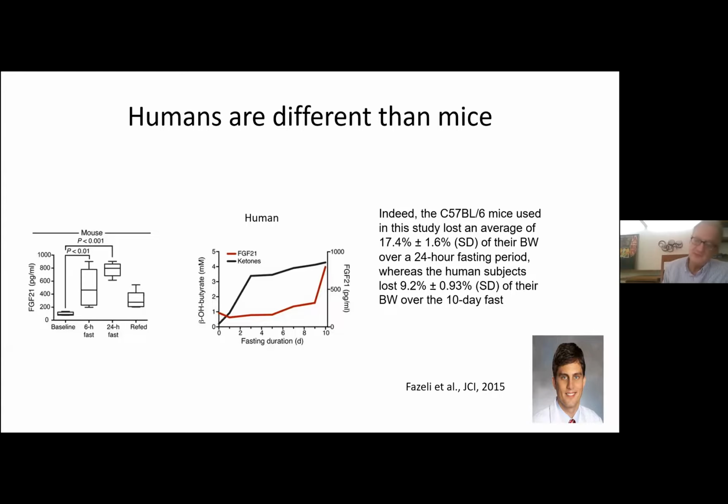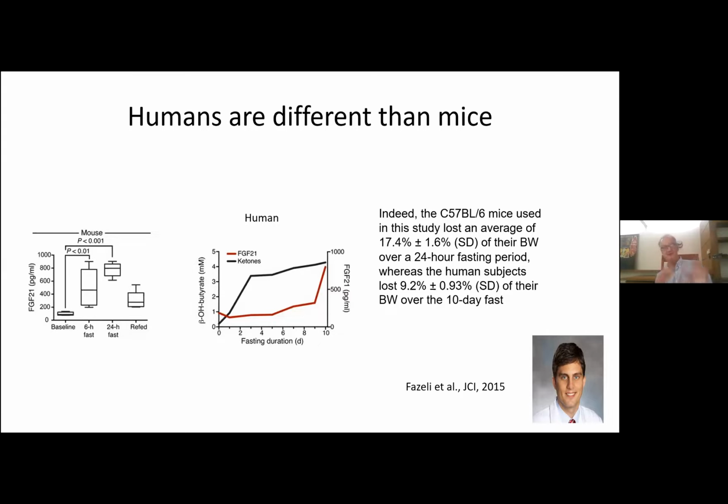In the middle, you see the same level of FGF21 in humans subject to a 10-day fasting paradigm, so 0 calories over 10 days. Really until about day 7 or 8, there's no induction in FGF21 levels in humans, whereas in mice this happened in a relatively rapid fashion.